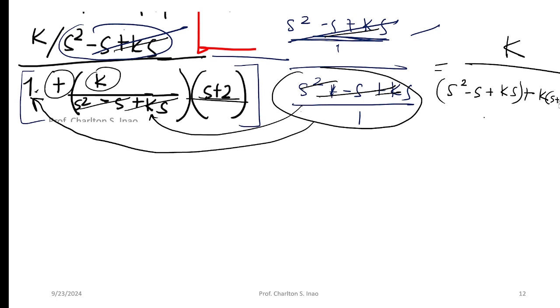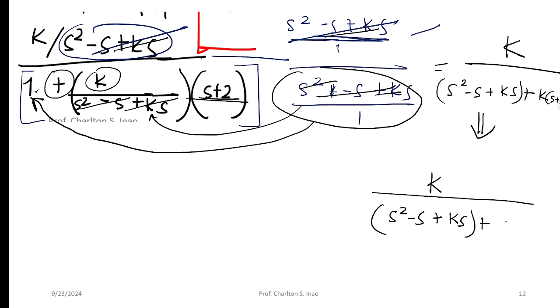So when we simplify this, this one is going to be k, then this one is s squared minus s plus ks, then plus k s plus 2, okay?